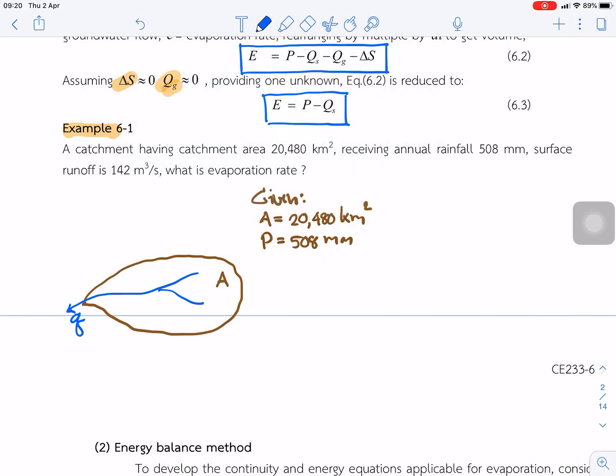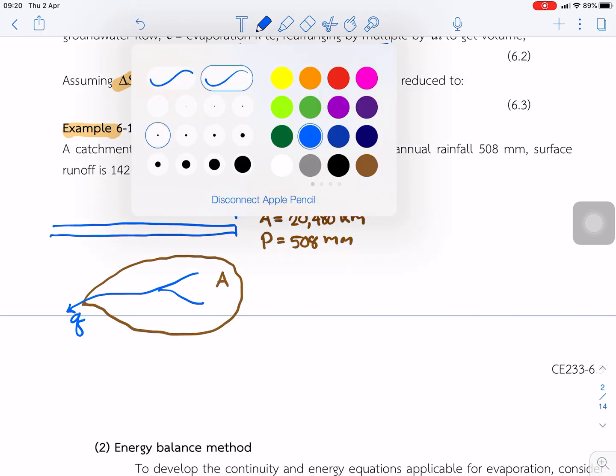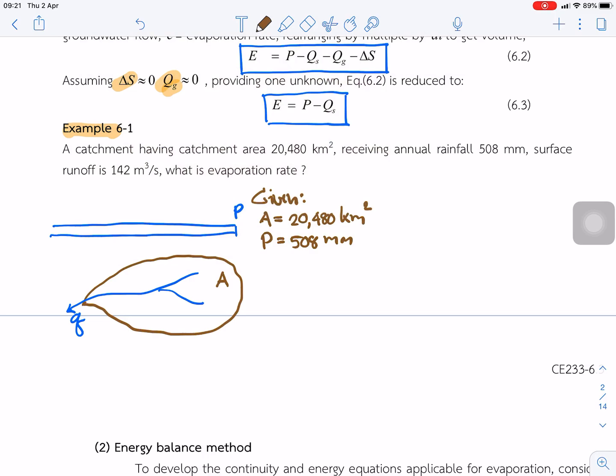Can be like this rainfall. And we have surface runoff Q equal to 142 cubic meter per second. Okay.